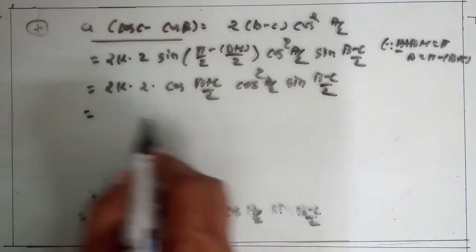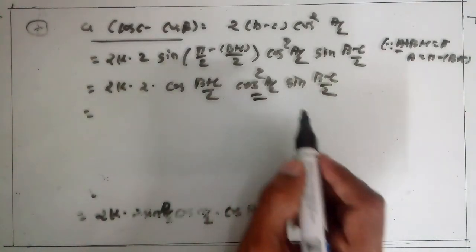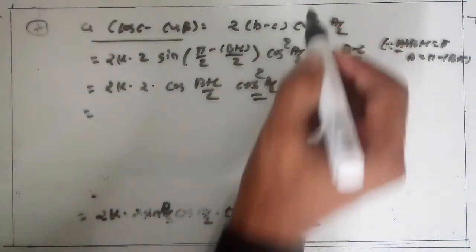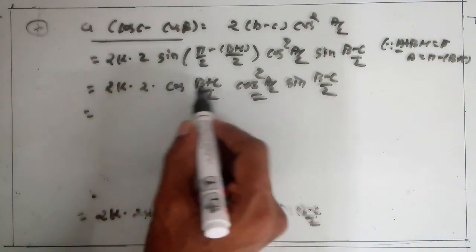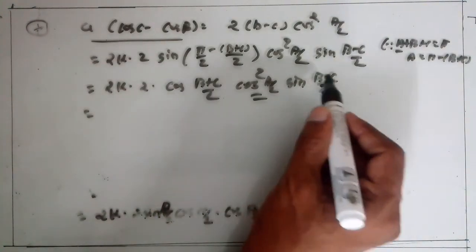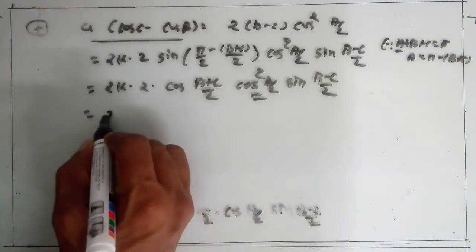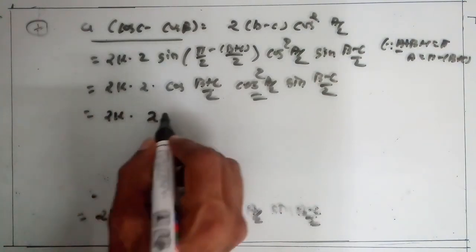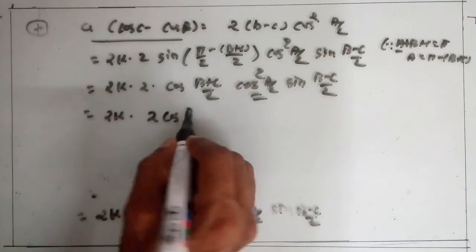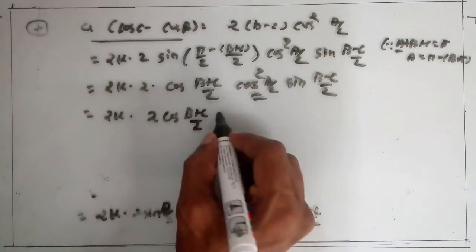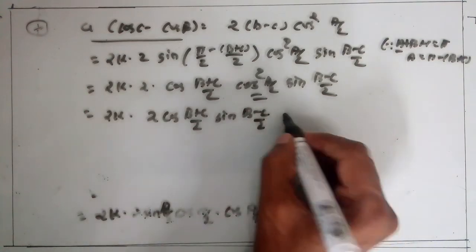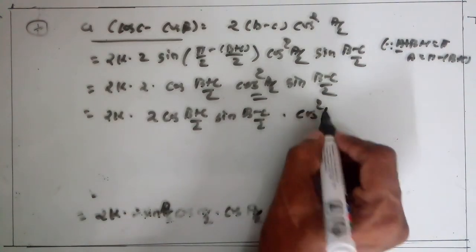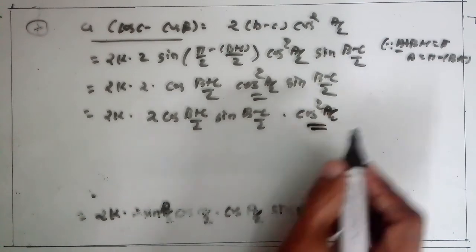Okay, so it is equal to, now cos square A by 2 is the required term. So first arrange the terms: cos (B plus C) by 2 sin (B minus C) by 2. So 2k into 2 cos (B plus C) by 2 into sin (B minus C) by 2. Clear? Into, at the end, cos square A by 2, because this is the required term.